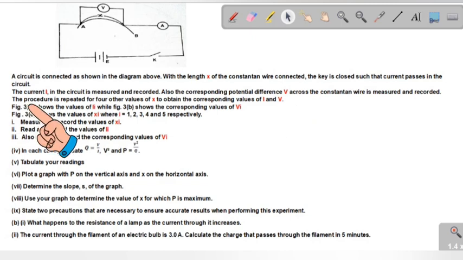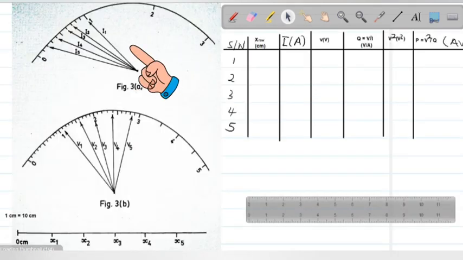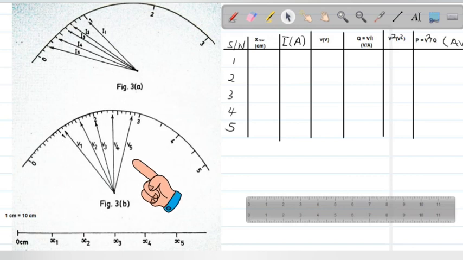Figure 3a shows the values of I sub i, while figure 3b shows the corresponding values of V sub i. I'm going to show you the diagram in a short while. Okay, so these are the diagrams. This shows the readings on the ammeter, and this shows the readings on the voltmeter.